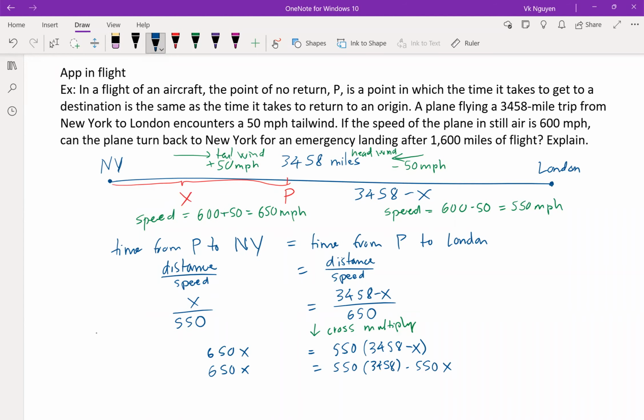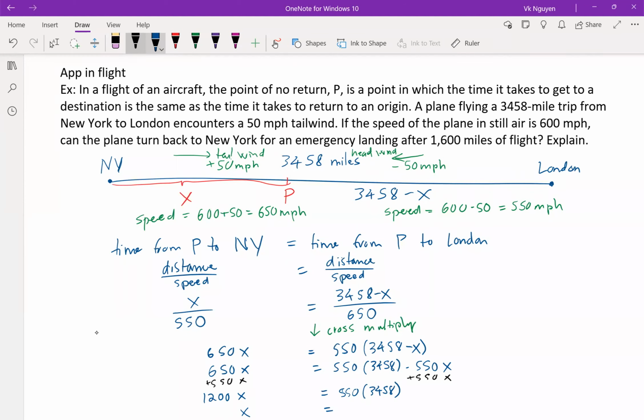Then from here we can combine like terms. Add 550x on both sides. That would get us 1200x, and it is equal to 550 times 3458. Next, divide both sides by 1200.